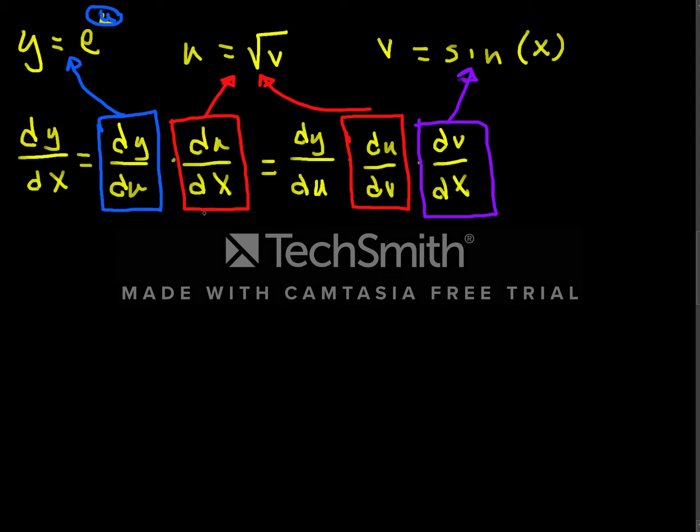Another thing I really want you to be cognizant of: this notation is quite elegant. Remember, these are differentials, so they're infinitesimal numbers. But I've got dy dx on the left-hand side. And right here I wrote dy dx over du dx. These are fractions, and we know that when we multiply fractions, we could cancel out the denominator with the numerator because it's the same number, which of course simplifies to dy dx.